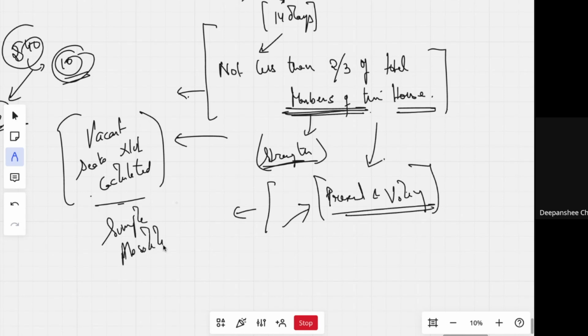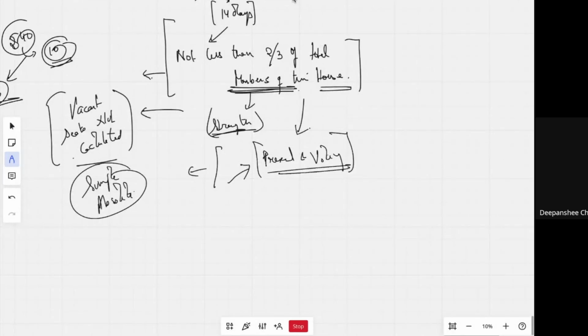Sir, if we remove the vacant seats, then it becomes the strength. So it means effective majority. Now, how do you define effective majority? As you are removing vacant seats from the total membership, then it simply became the strength, as you are saying, total members of the house.